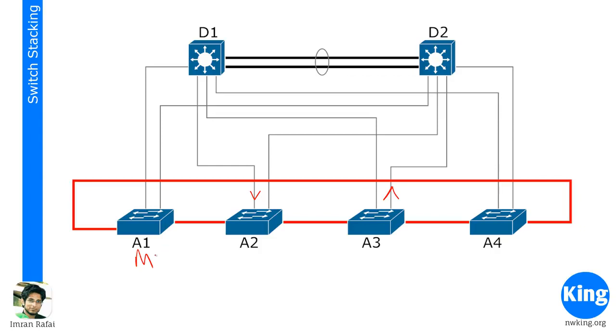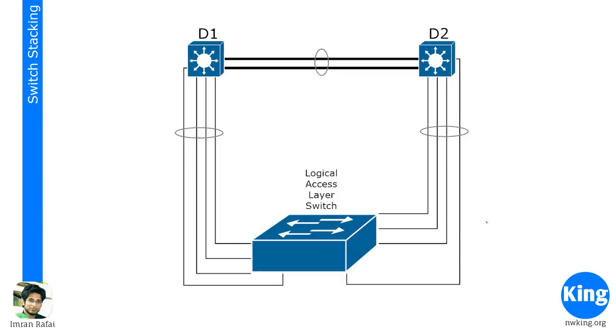So if the master is down, the entire logical switch is down, right? But if one of the switches, let's say switch A3, is physically down, A2, A4 and A1, all these 3 switches will still work as a logical switch, right? So that's what it is.